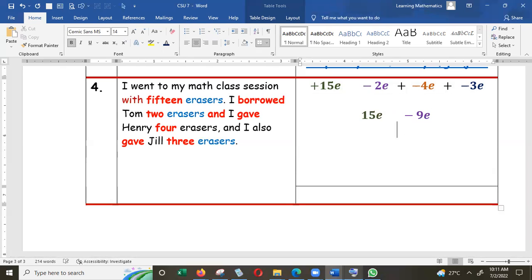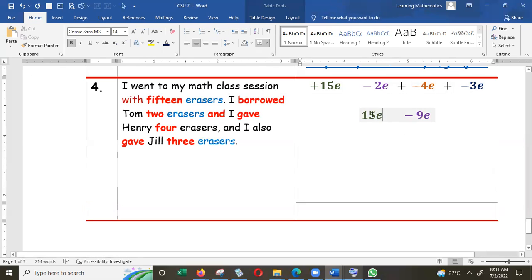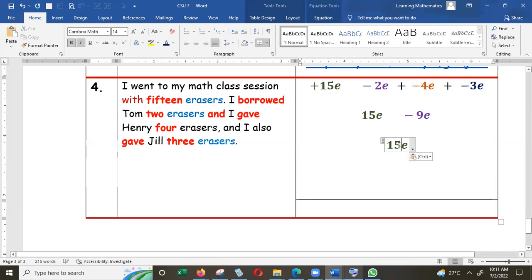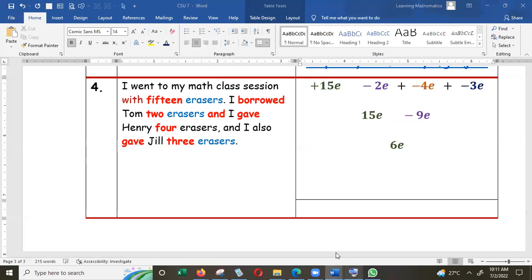So in the end, we are left with 6 erasers. So please be writing, replay and write, and that's all you practice.